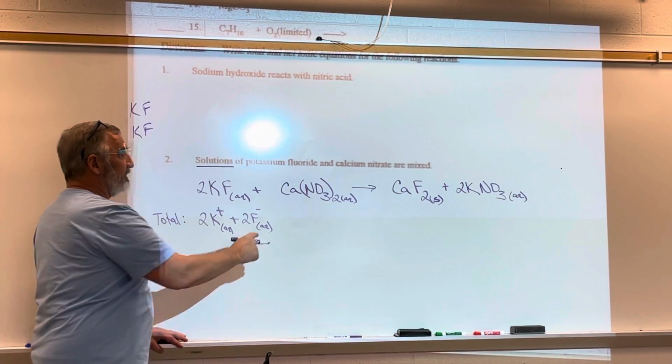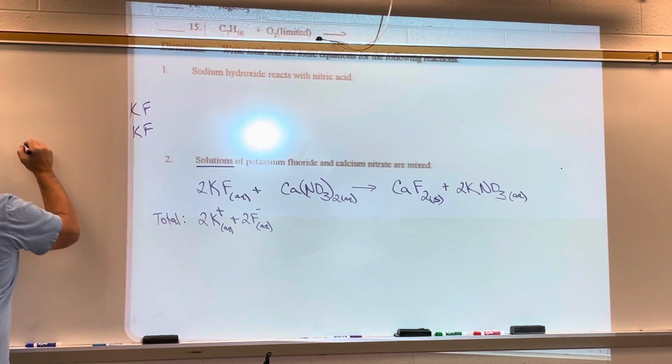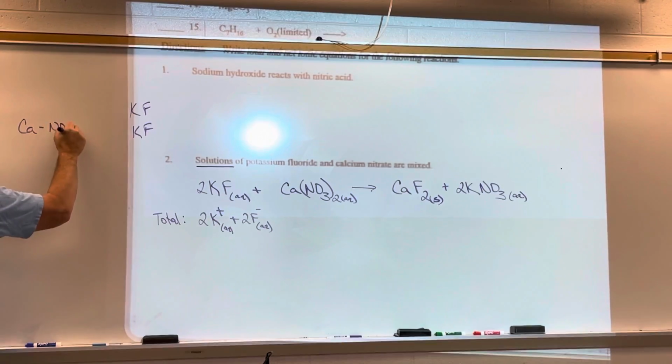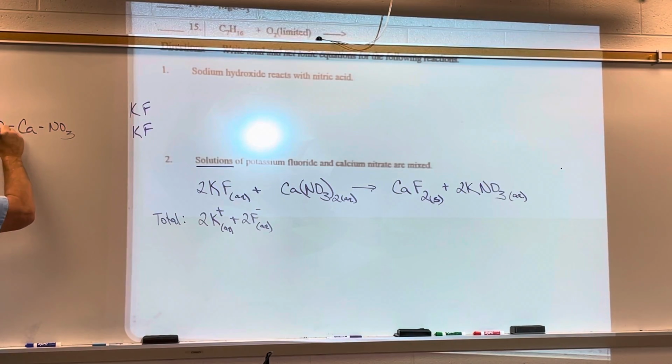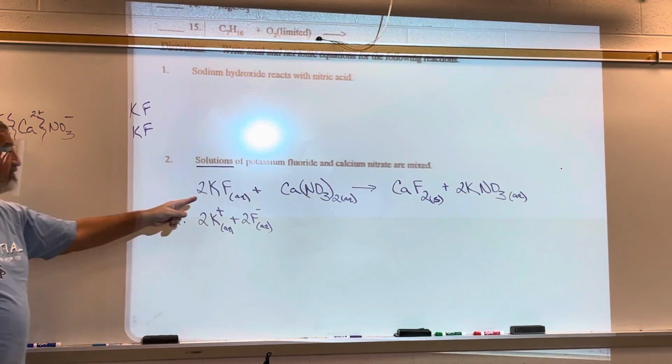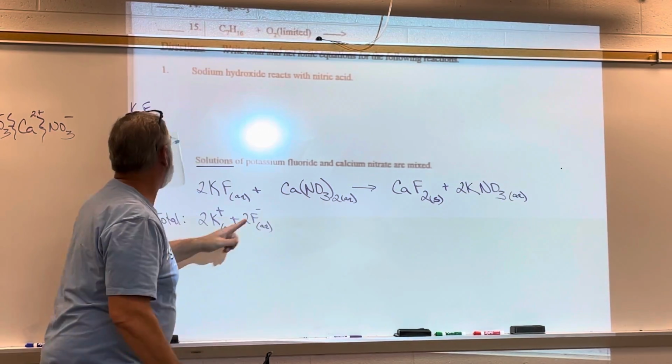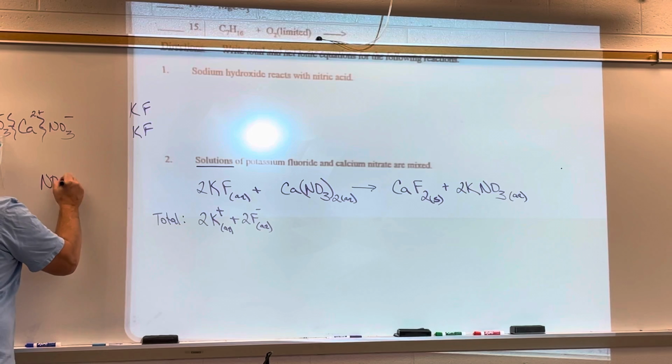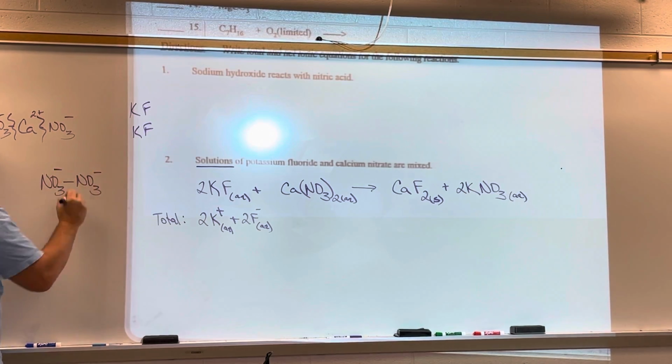Now again, if I have calcium nitrate, a 2 plus and a minus, what's it going to break apart into? 1 calcium and 2 nitrates. So if I keep this as a subscript, that would say that the nitrate is chemically bonded to another nitrate, but 2 negatives are not going to come together. So the subscript becomes a coefficient.